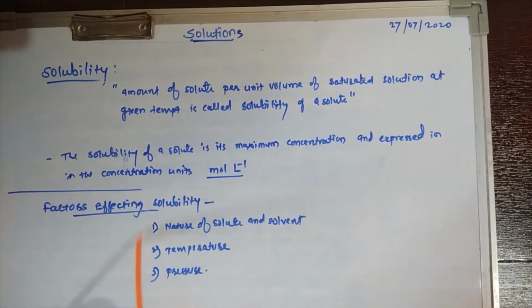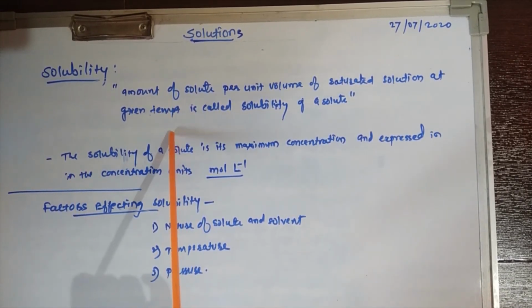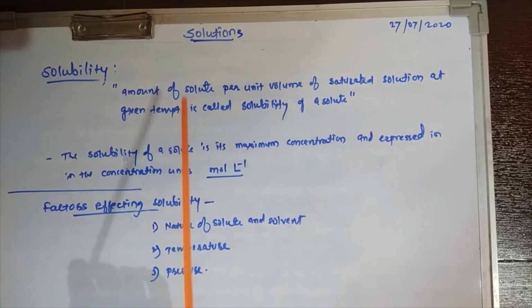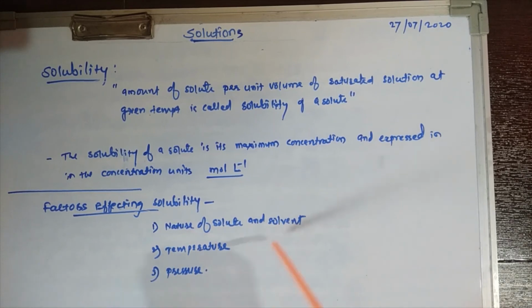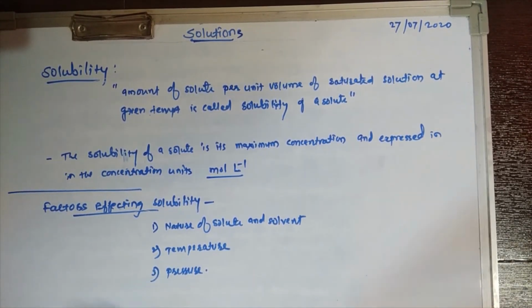Some factors affect the dissolution or the solubility of a solute in a particular solvent: nature of solute and solvent, temperature and pressure. These three factors affect the solubility of a solute. We will see these factors in the next session.